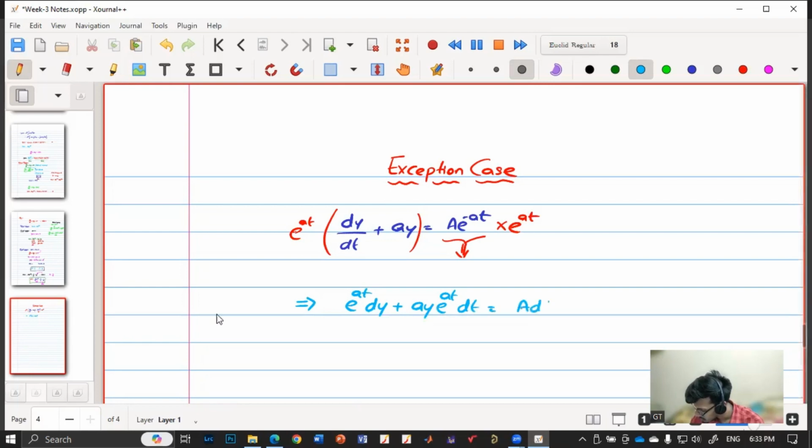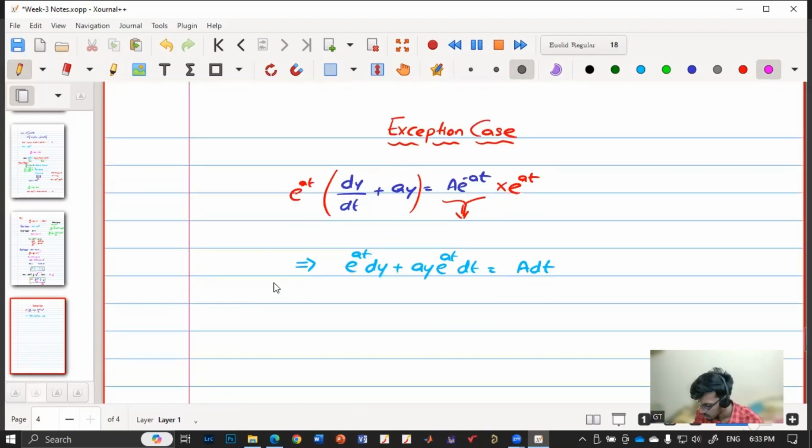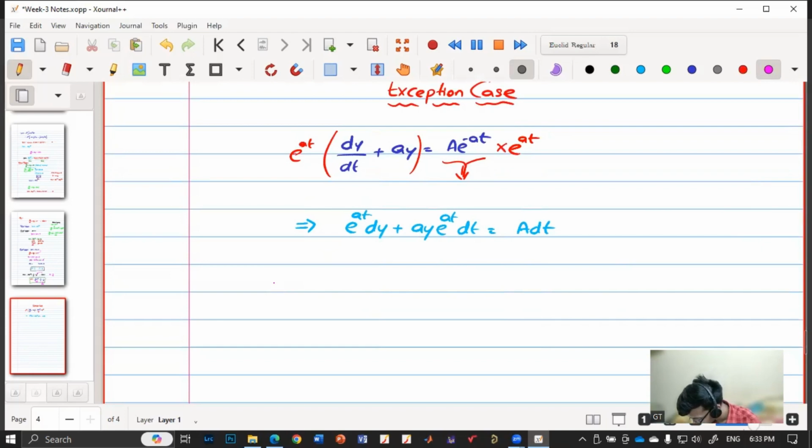Do you agree? Yes. Right. Now this can be written as d of y into e to the power at, and this is a dt.